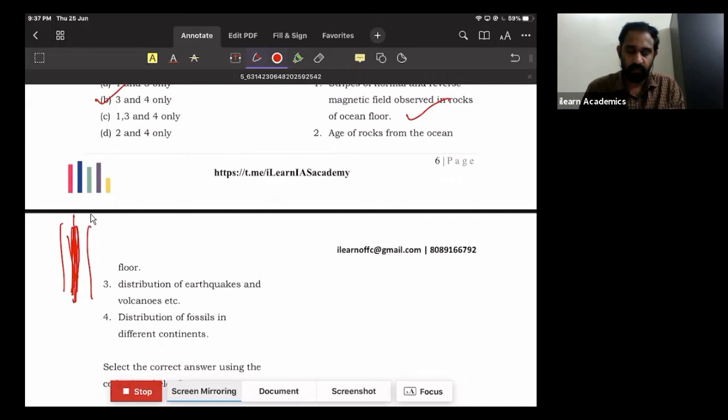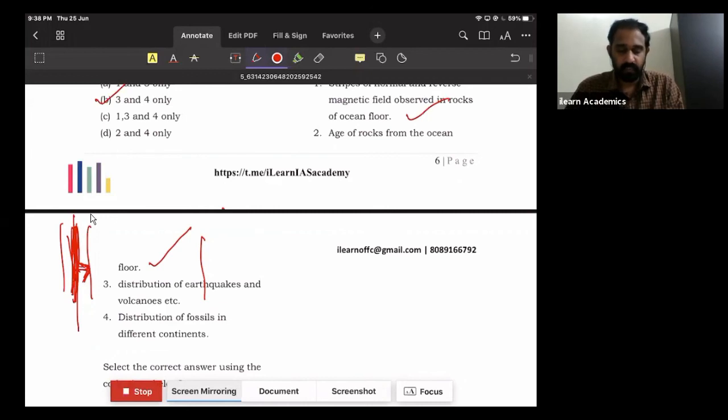So obviously, the rocks or the places which are located closer to the zones of divergence along the sea floor will be having young rocks compared to areas which are away from the locations of divergence. So this one will also help in understanding the concept of sea floor spreading.